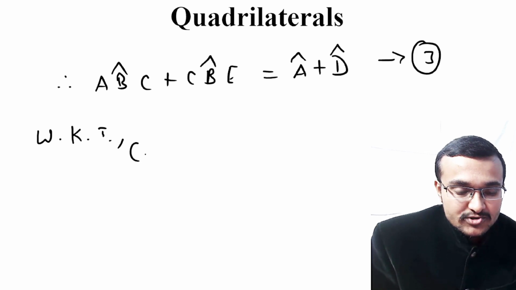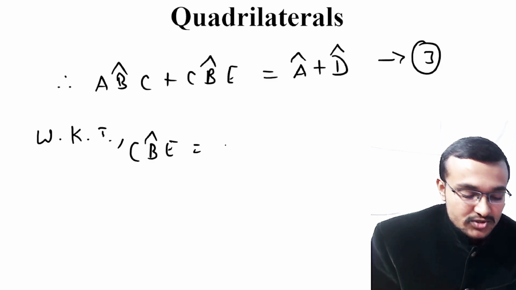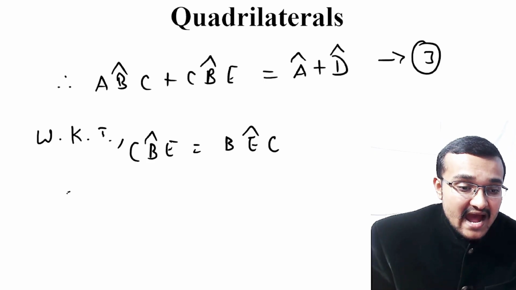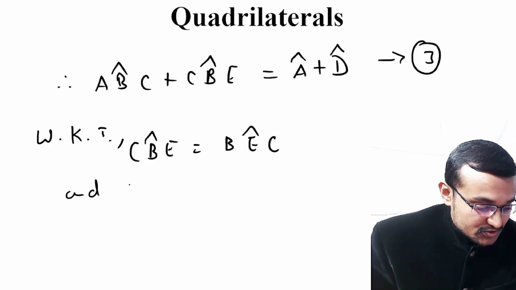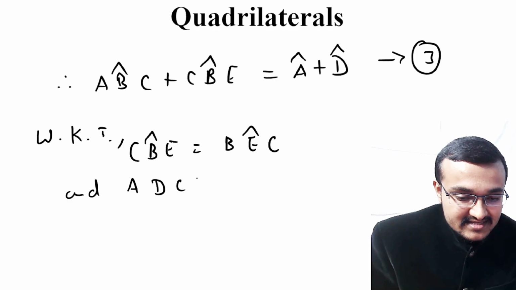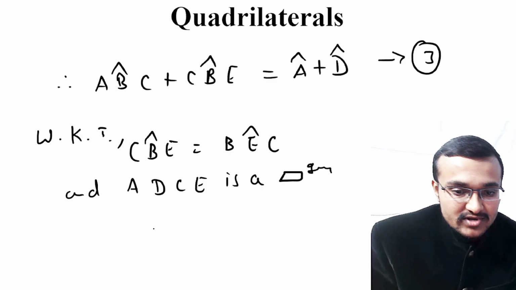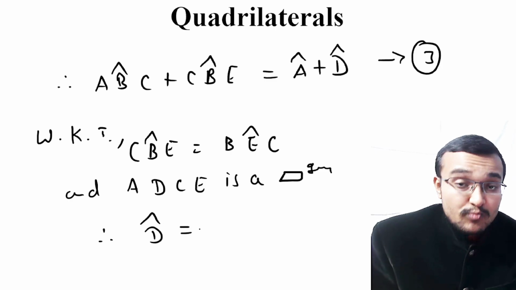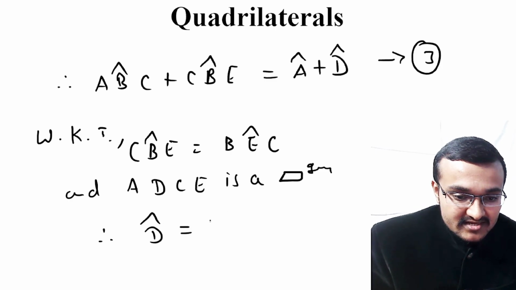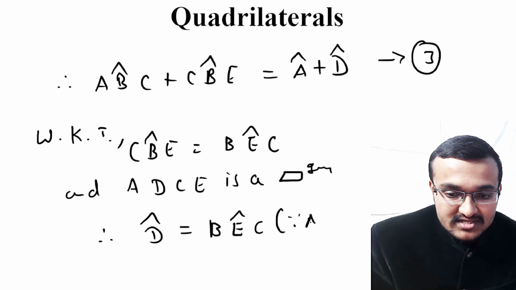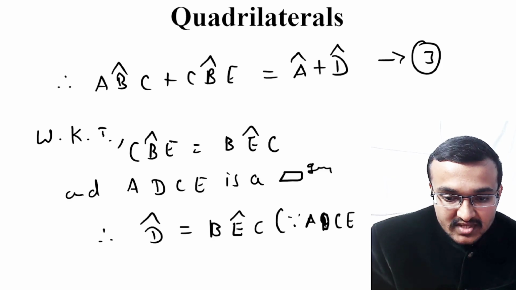We know that CBE is equal to BEC, and we also know that ADCE is a parallelogram. So opposite angles in a parallelogram are equal to each other. That is also a parallelogram property. So D is equal to BEC. This is because ADCE is a parallelogram.